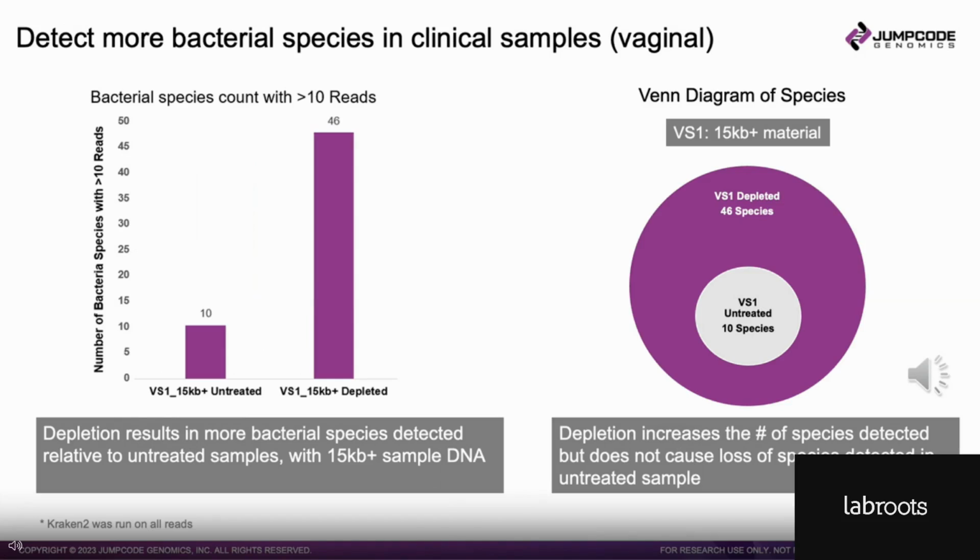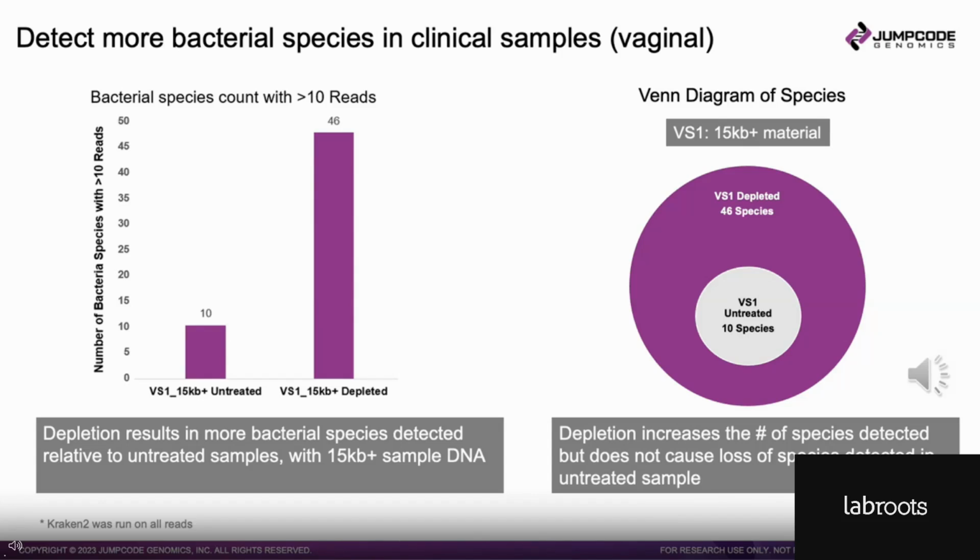Here, to the left, we are looking at bar graphs with the number of bacterial species with read counts of 10 or more on the y-axis, while the x-axis represents different samples. Notice that in the untreated sample, on the bar graph to the left, there are 10 bacterial species with 10 or more reads, but with the vaginal sample in which human genome content was depleted using Jumpcode Human DNA Depletion Kit, the number of bacterial species with 10 or more reads shoots up to 46, which is more than a fourfold increase.